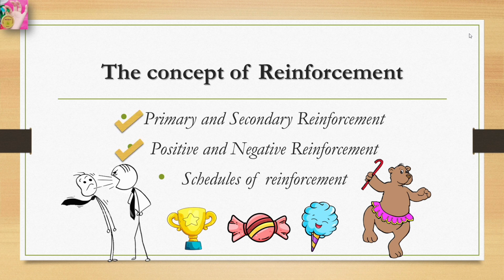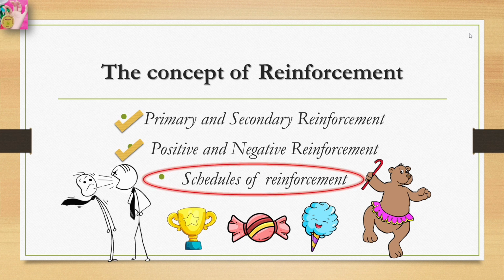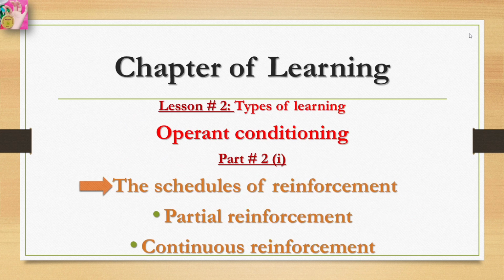We have also learned about positive and negative reinforcement, and this video is going to be about the schedules of reinforcement. So this is lesson 2 part 2, which is about operant conditioning, and this is part 2I, which is about the schedules of reinforcement, which include partial reinforcement and continuous reinforcement. This video is all about partial reinforcement and continuous reinforcement.